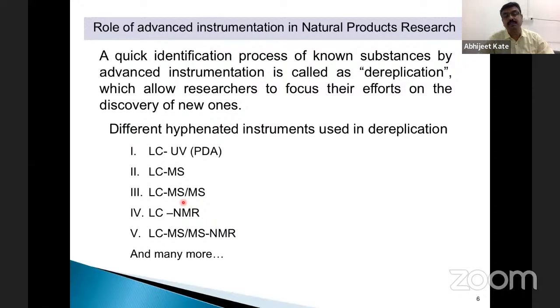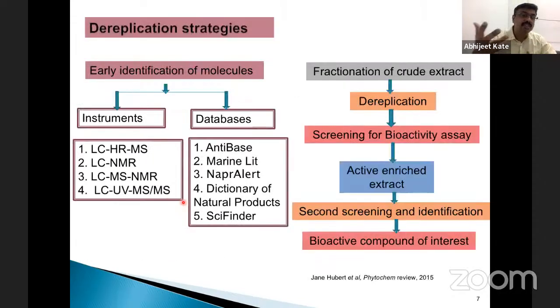Then the process got really good strength, as worldwide common databases can be used, and we will see that in the next slide. There are a few other methods, like I have said, LCMSMS, LCNMR, LCMSMSNMR, and many more can be used. GCMS is also one of the techniques which can be used, and which is being used, for identification of volatile compounds, right?